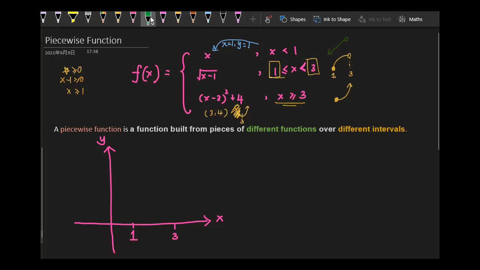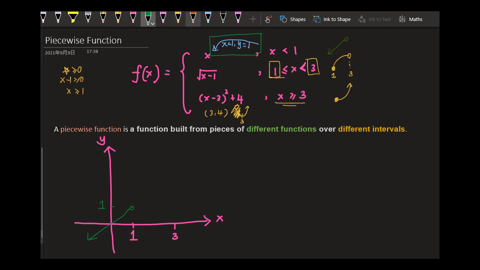When x equals 1, y is also equal to 1 because you substitute here. So x equals 1, y equals 1 with the empty circle. The straight line must pass through the origin. It must be a straight line, so you can use a ruler to make sure.